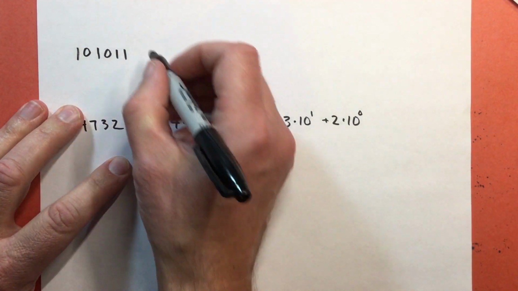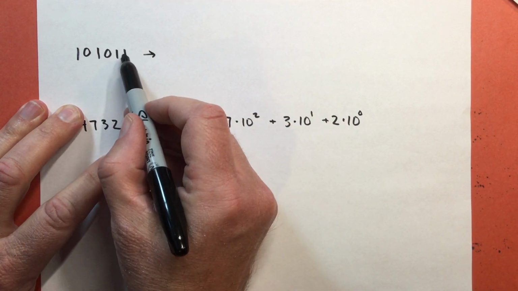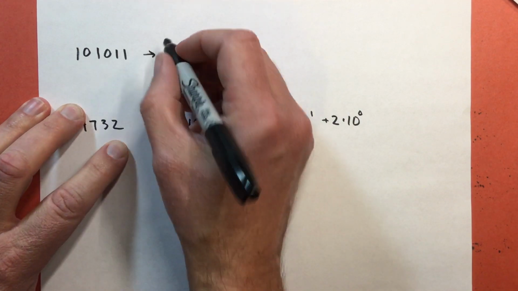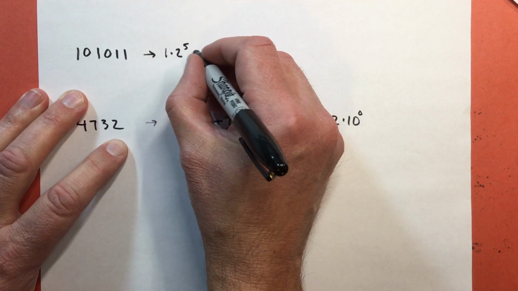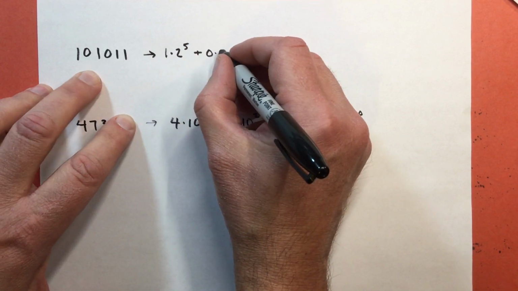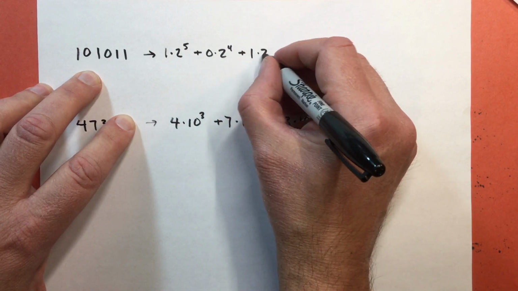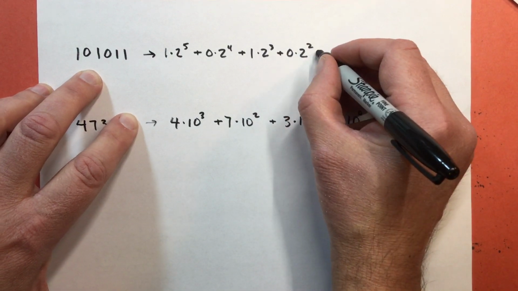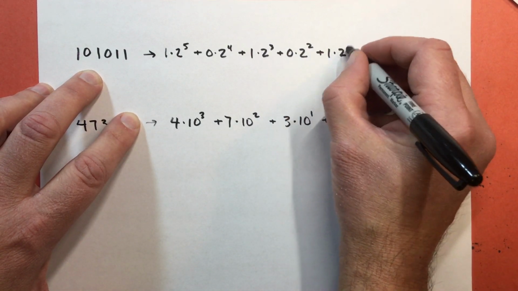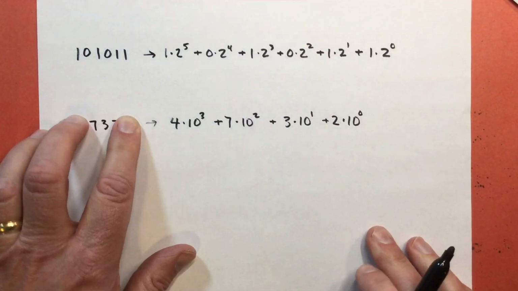And what this would be, 0, 1, 2, 3, 4, 5: 1 times 2 to the 5th power, plus 0 times 2 to the 4th power, plus 1 times 2 to the 3rd power, plus 0 times 2 to the 2nd power, plus 1 times 2 to the 1st power, plus 1 times 2 to the 0 power.